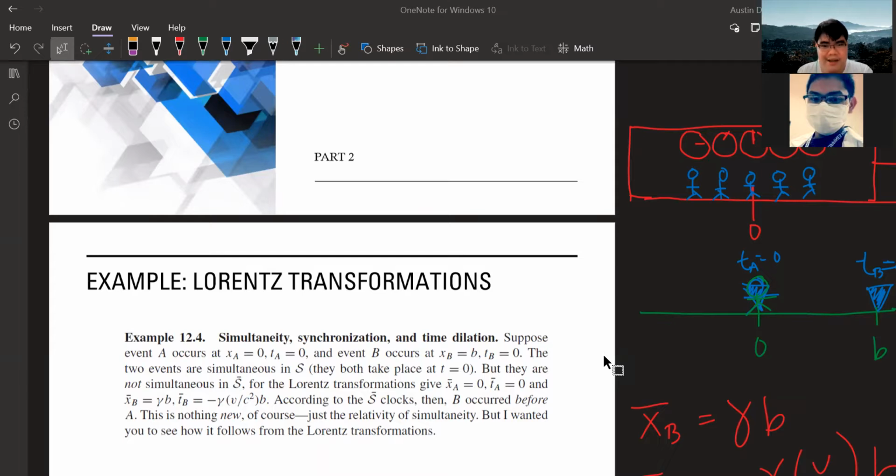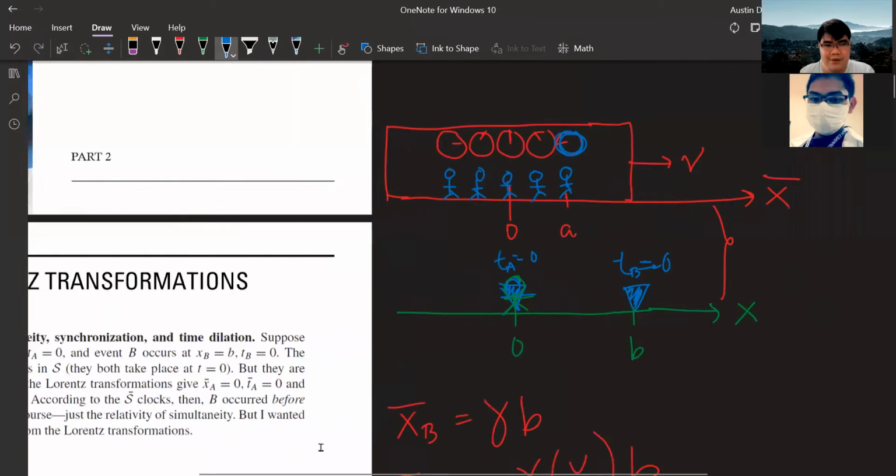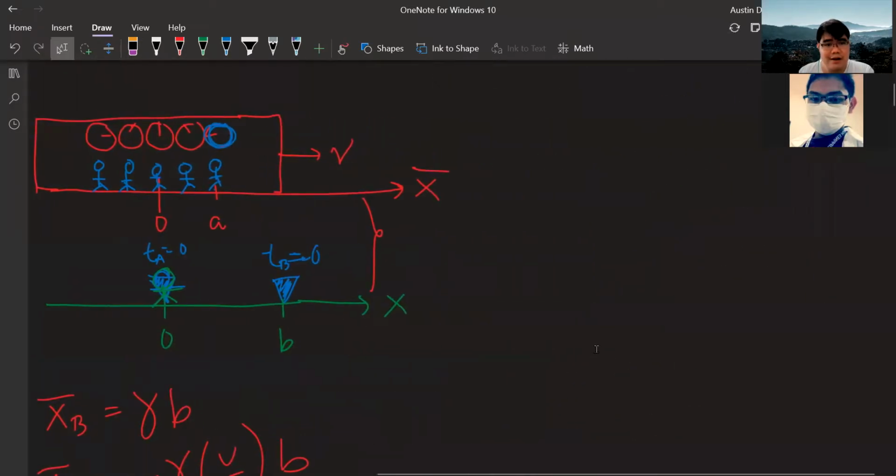Ngayon naman, fun thing dito is tingnan natin yung isang clock sa reference frame, which is this one. Tingnan natin tong clock na nandito. Tapos, try natin gawin yung Lorentz transformations.